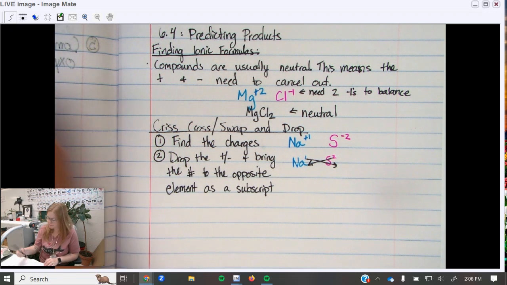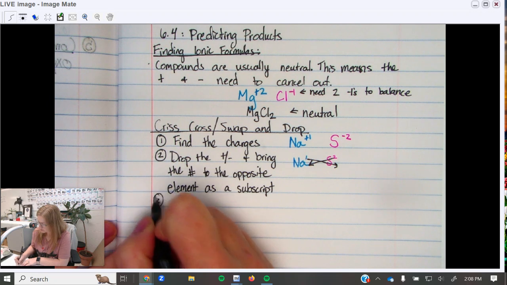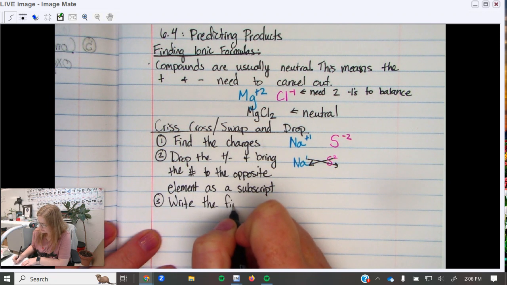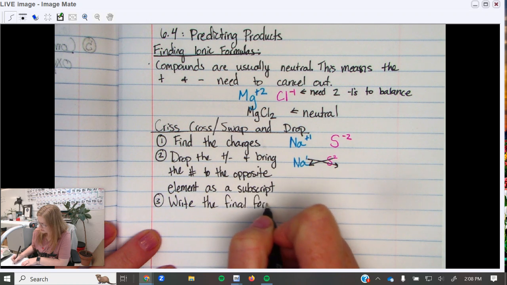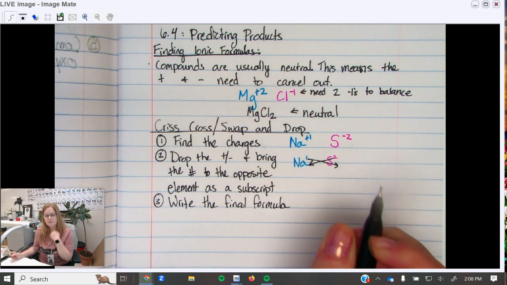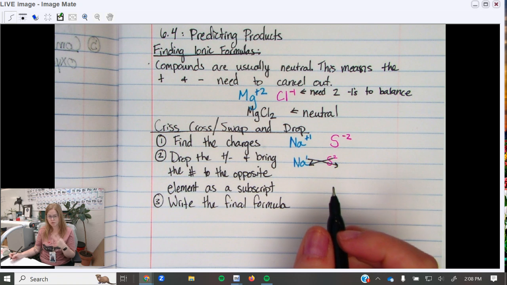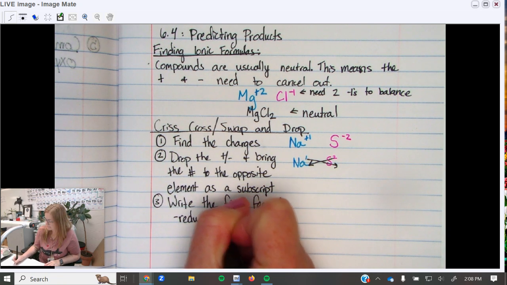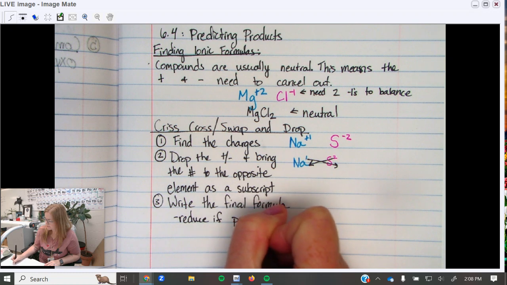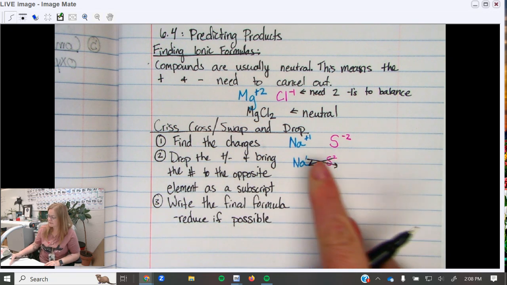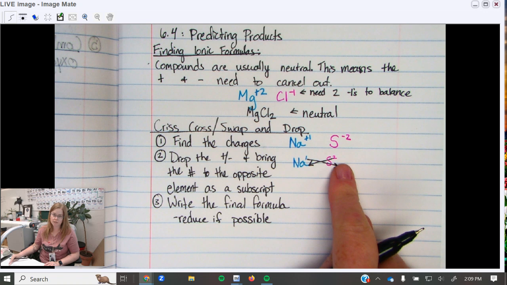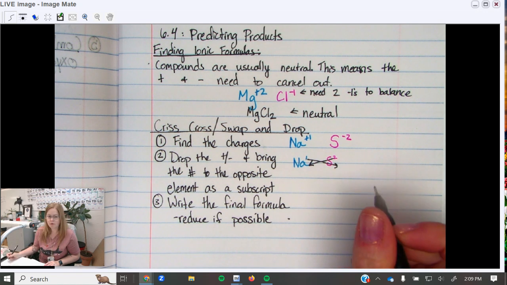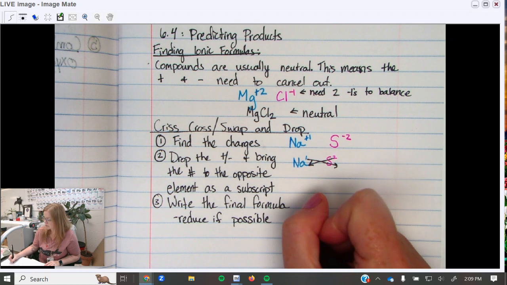And then we are actually ready to write the final formula. And the final formula has kind of 2 rules with it. You reduce, if possible. So like if this was a 2 and this was a 4, then I could do 1 and 2. And we're also going to not write the 1s.